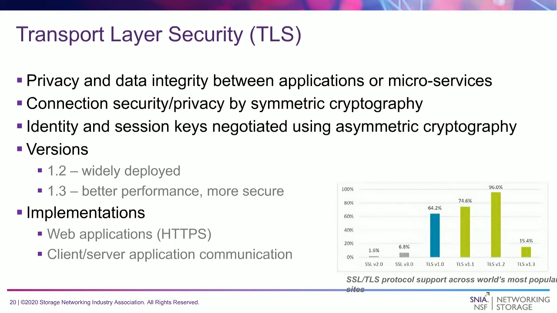In the diagram below, showing the protocol support in popular sites, it's clear that SSL is becoming obsolete, while TLS version 1 and version 1.1 are still supported. However, version 1.2 is the most common version to date and is widely deployed. More and more organizations are starting to require support of TLS 1.3, which brings better performance and more security.